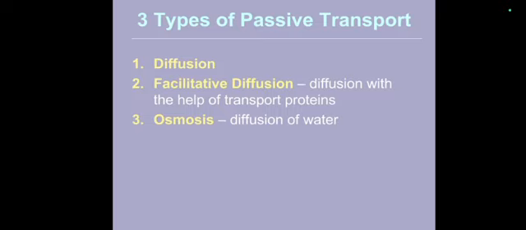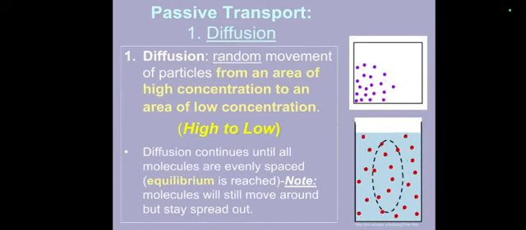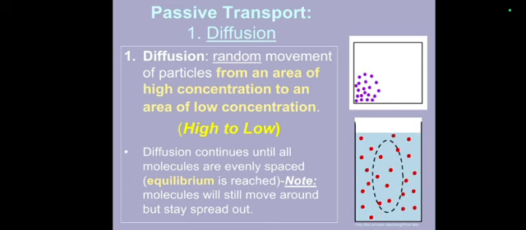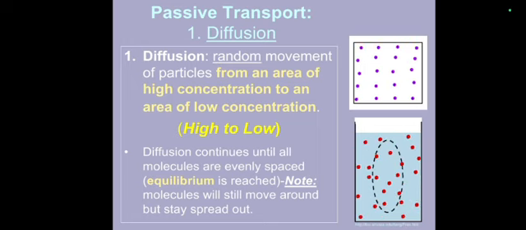Next, facilitated diffusion is diffusion with the help of transport proteins, and osmosis is the diffusion of water. Diffusion is the random movement of particles from an area of high concentration to an area of low concentration. It is characterized by transport of substances along the concentration gradient and electrical gradient.